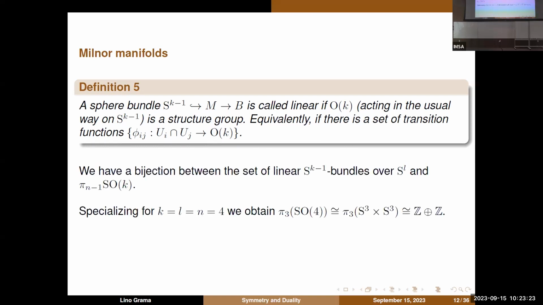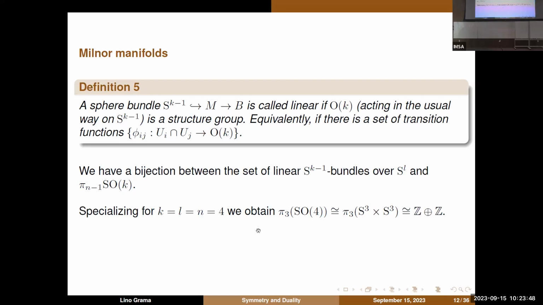From the work of the topologists, we have a bijection between the set of linear S^(k-1) bundles over S^l and a classifying group, and we restrict to the case k = l = n = 4.